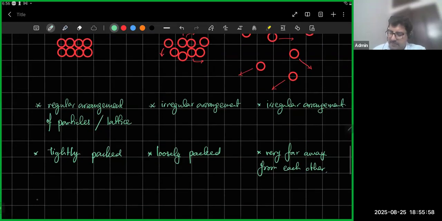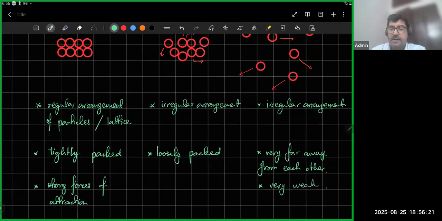And so the third thing is about forces of attraction. Because solids are tightly packed, they're going to have strong forces of attraction. And the last one is going to have very weak forces of attraction, which is why the particles are really far away from each other.